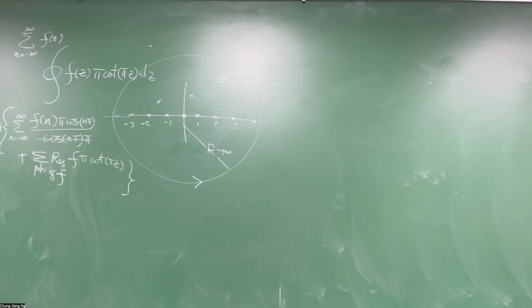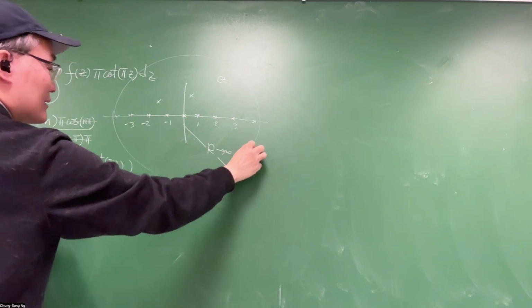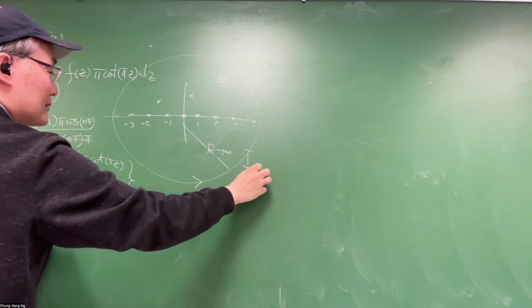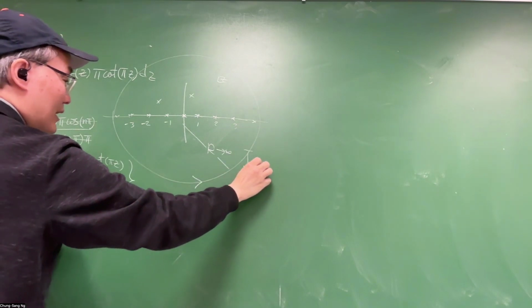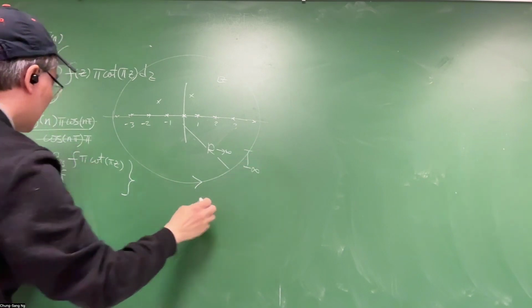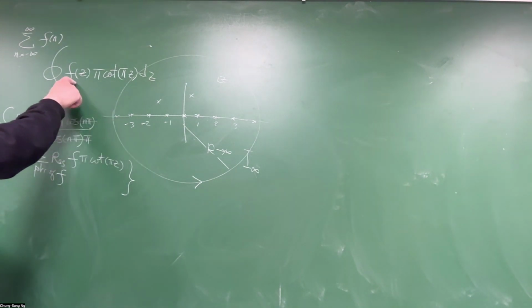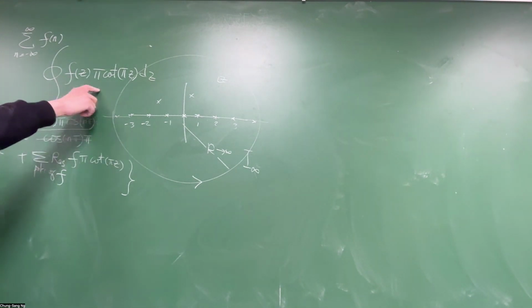Then the last argument is that we want this integral I infinity to go to zero. So I infinity goes to zero because of the property of the integral.